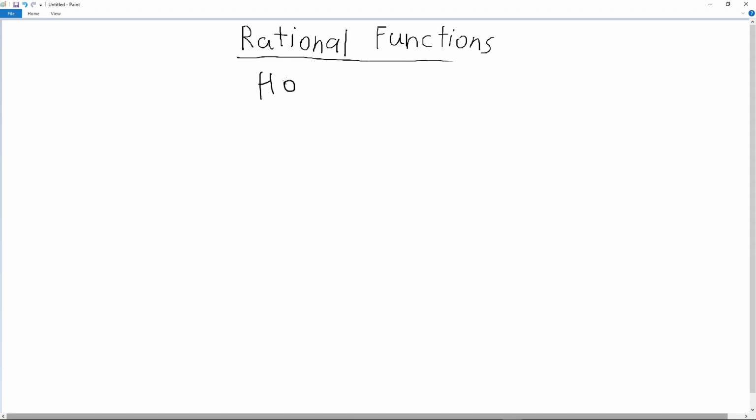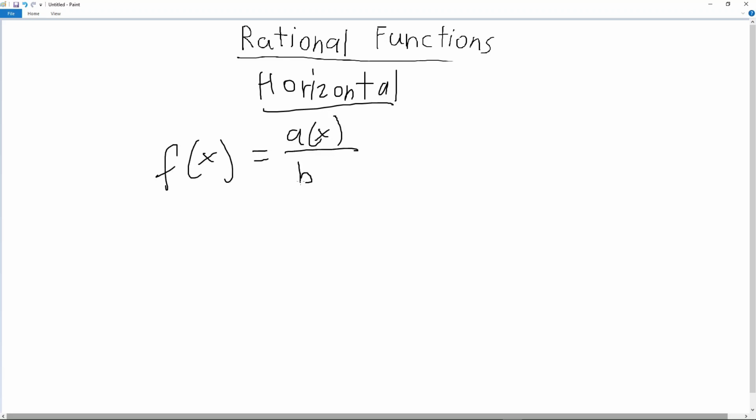When finding horizontal asymptotes, you should always compare the degrees of the leading coefficients of the numerator and the denominator. So let's say we have f of x is equal to a of x divided by b of x. And then let's say that the numerator has a leading degree of n, and the denominator has a leading degree of m.